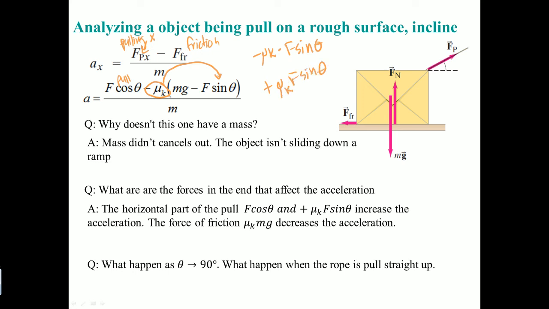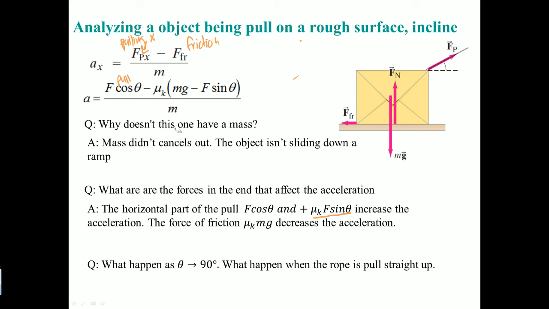You see how this is positive, so it's actually helping. It's increasing the acceleration of the object. The only thing that is hurting it, the only minus here, is the minus mu k g, which is decreasing the acceleration.